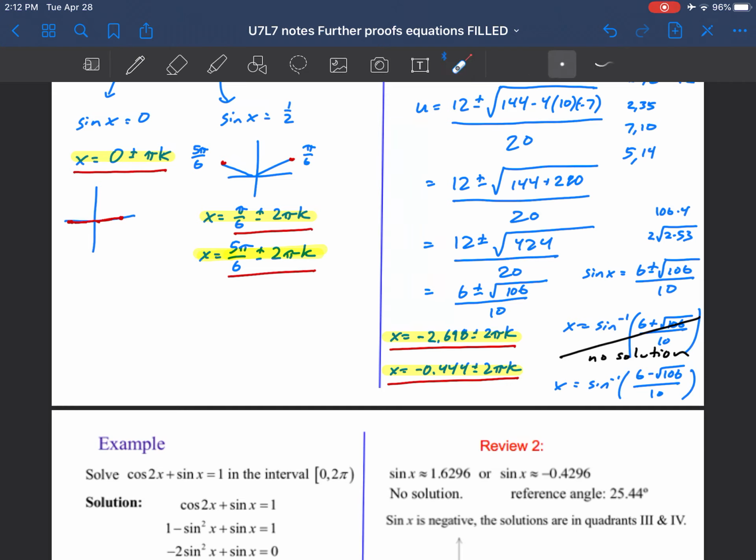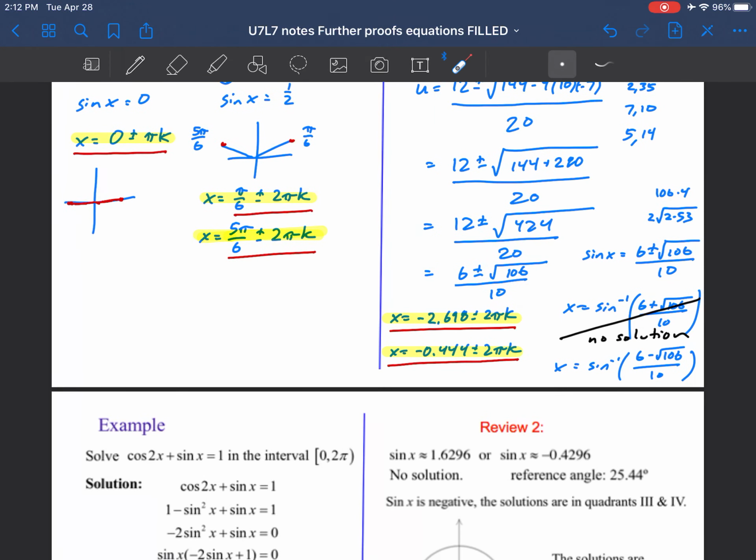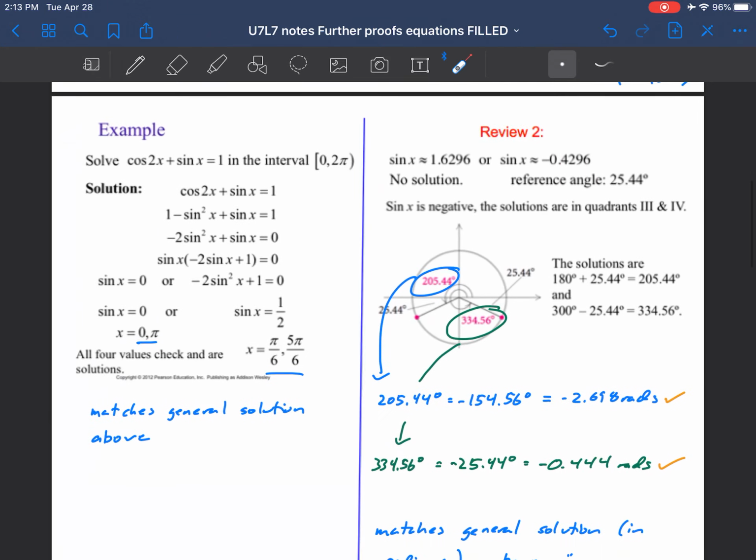This part will work, because you're taking 6 minus something a little bit bigger than 10, so it's going to be like negative 0.42. So this answer will give you a value.